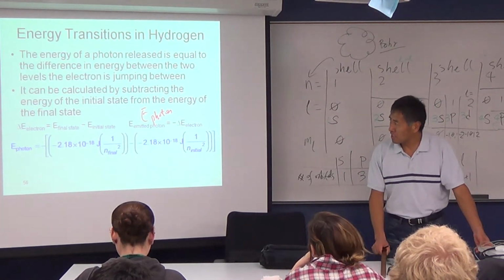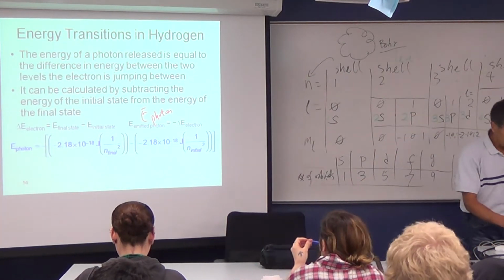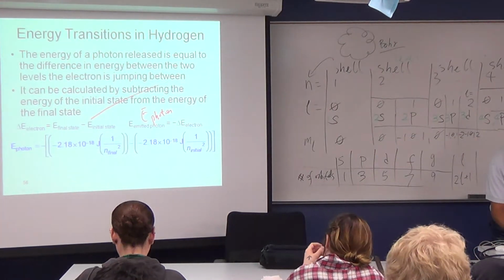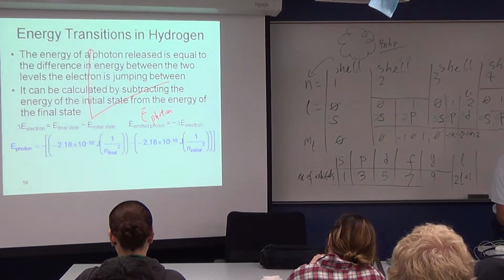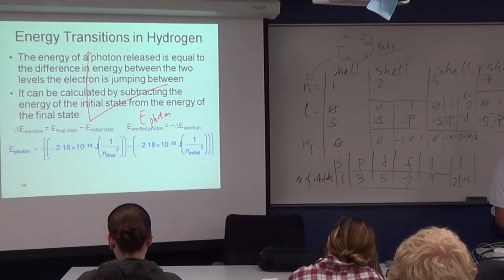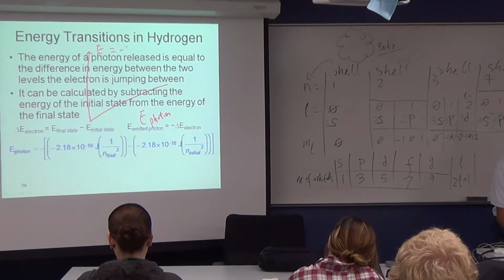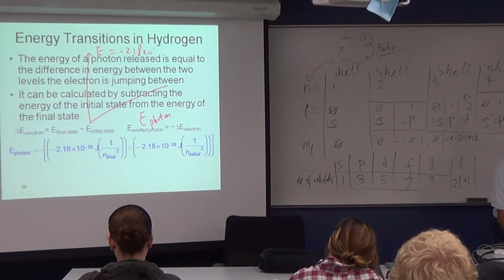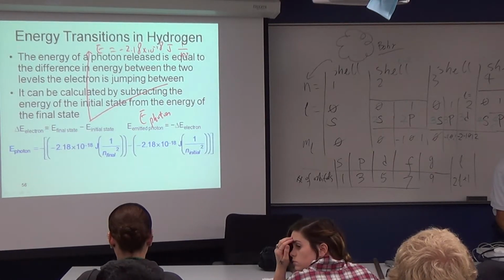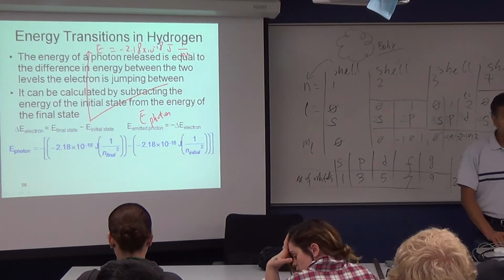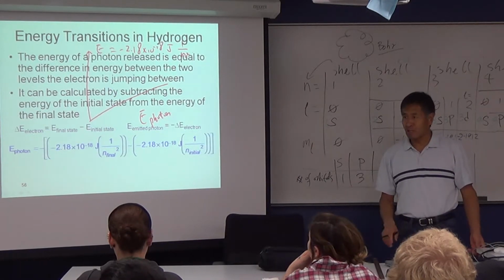I think I deleted one equation. So this number, I will put here, and in general it depends on this equation: E equals negative 2.18 times 10 to the negative 18 joules times 1 over n squared. That's the equation you saw in the last few slides.